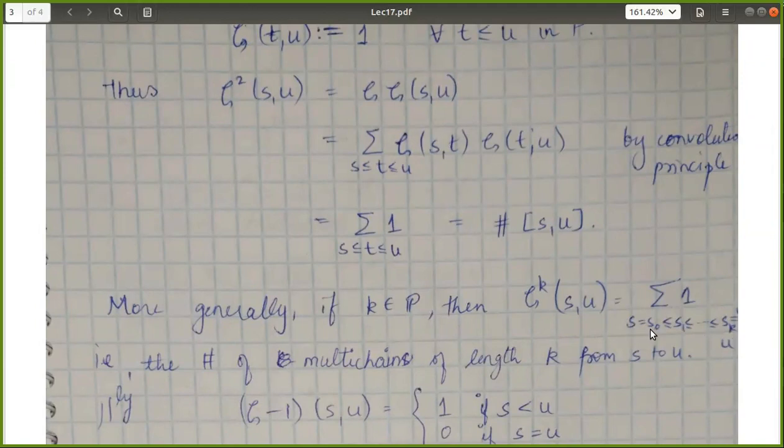So S I just relabel as S0. So S0 less than or equal to S1 less than or equal to S2 and so on, less than or equal to Sk, which is the final element, which is U. So it's the number of multichains of length k from S to U, right?